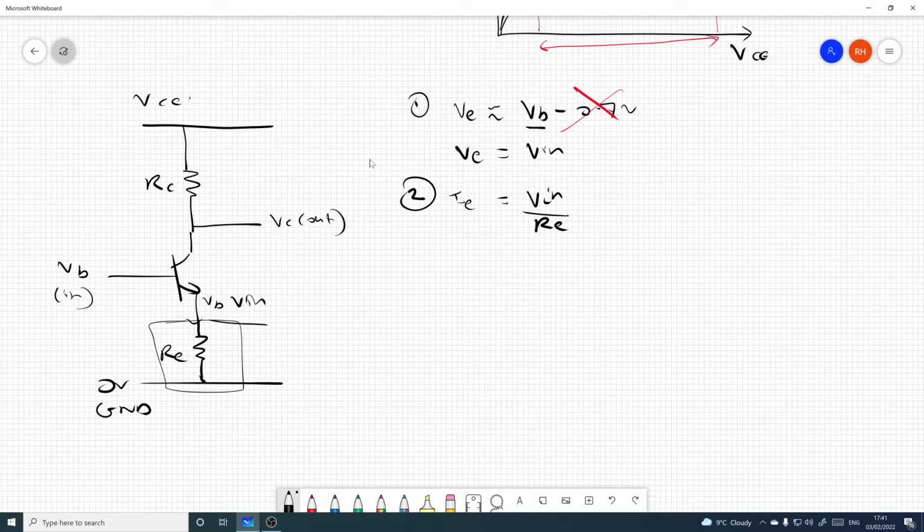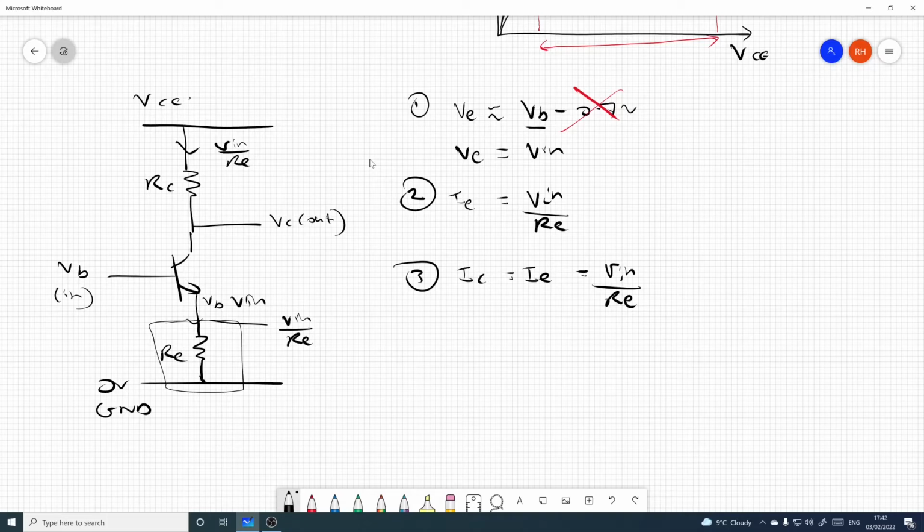So we know the current going down here is Vin over RE. Super. Point three, the collector current is a copy of the emitter current, give or take, and is therefore also equal to Vin over RE. That means the current going down here is Vin over RE.